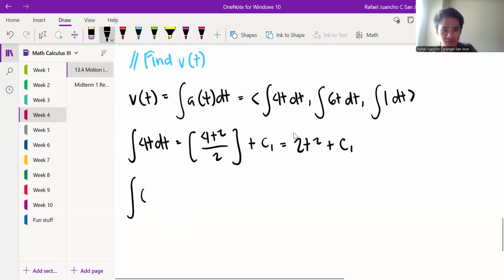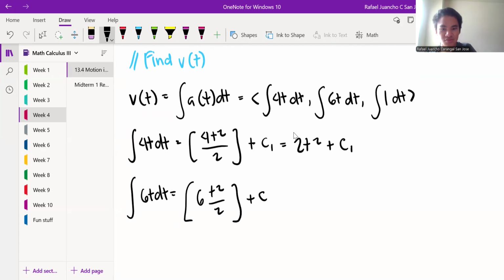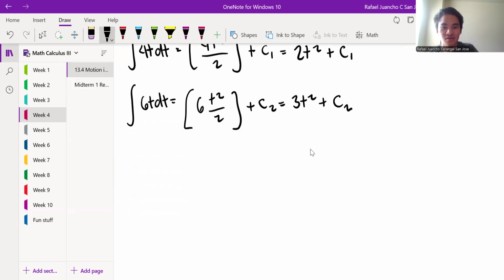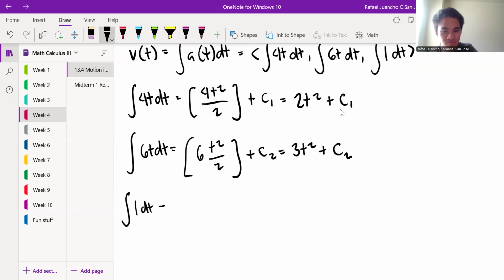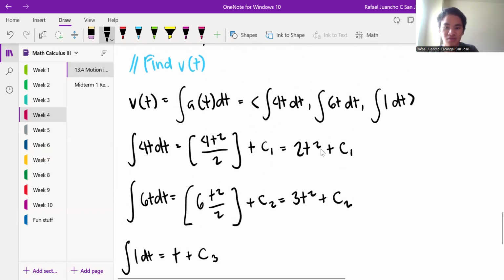Let's do another one: 6t dt gives 6t squared over 2 plus c2, which is 3t squared plus c2. The way to check if this works is to differentiate it again. If we take the derivative, we get 4t, and the constant is 0, so just 4t. Then another one, 1 dt, which is just t plus c3. Good, now we've checked it.